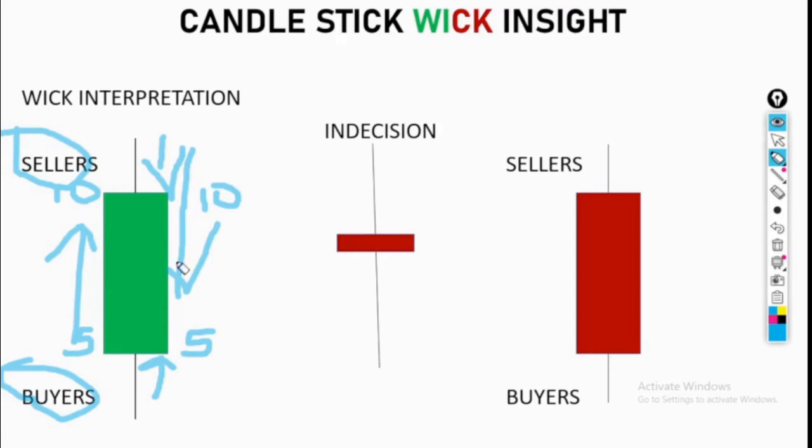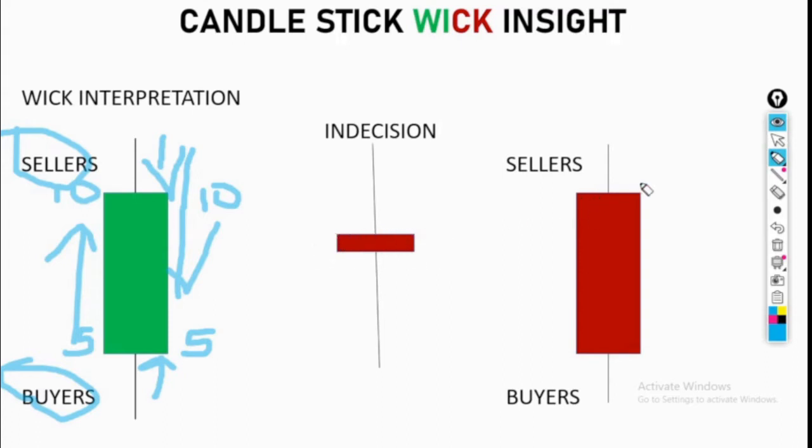Now we can see that the candle we have here is a big green candlestick that has a big green body. And if we look at the middle, we have an indecision candle. When you see a candle that has a long wick to the top and long wick to the bottom and has just a little body or no body in the middle, it is more of an indecision candle.